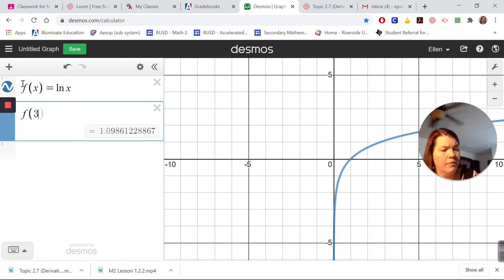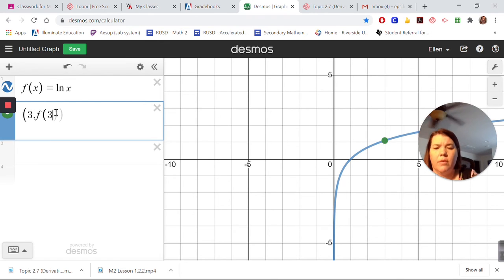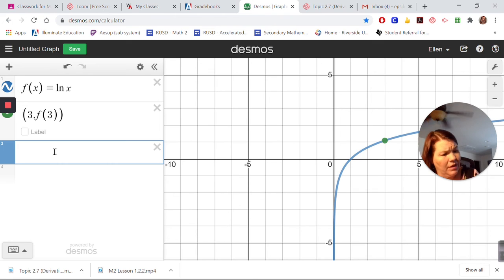I want to plot that point. Actually, I want to do (3, f of 3). So you can see, there it is. That's the point I want to be tangent to. Let's go ahead and put this funny line in.